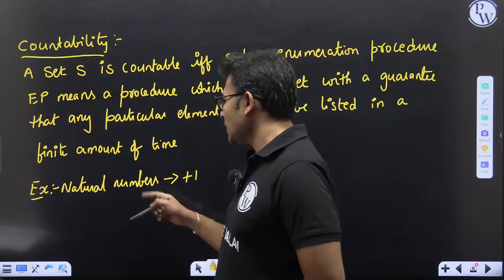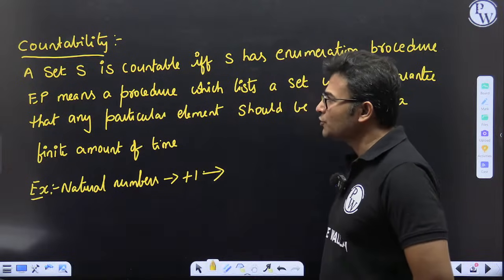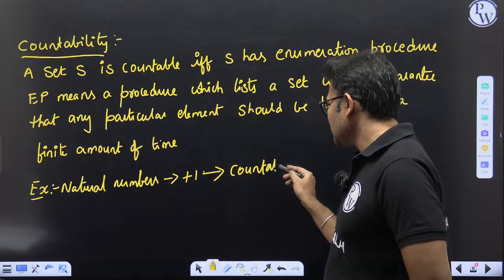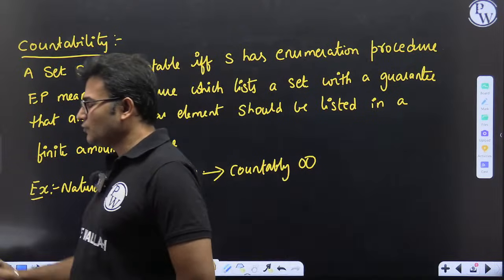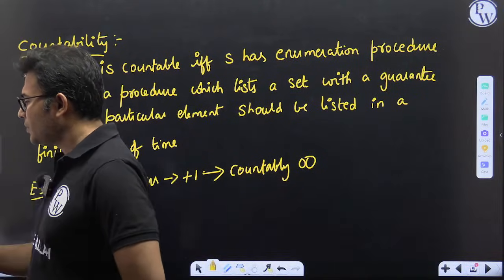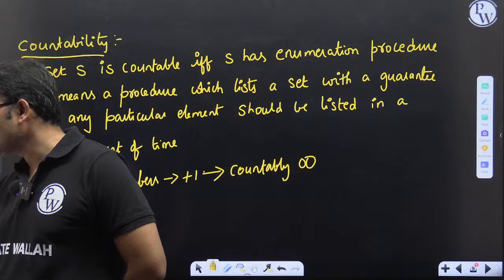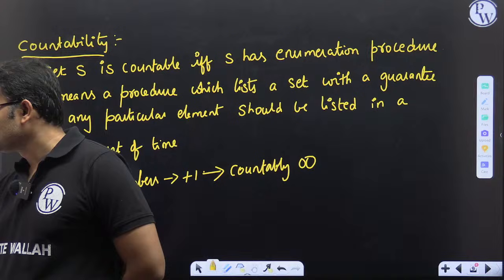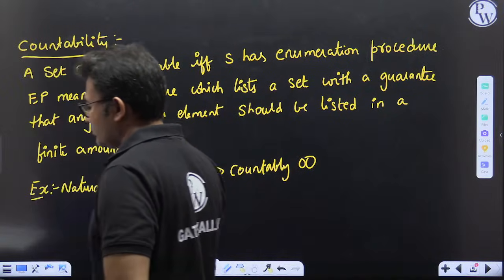We know that natural numbers are infinite, but since we have an enumeration procedure, it is countable, which means this is countably infinite.